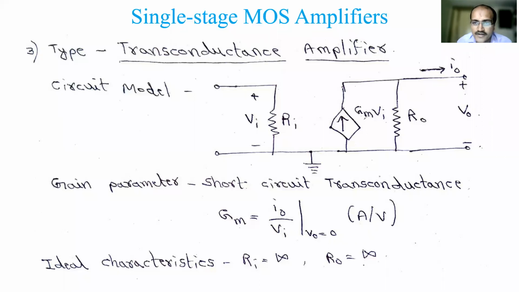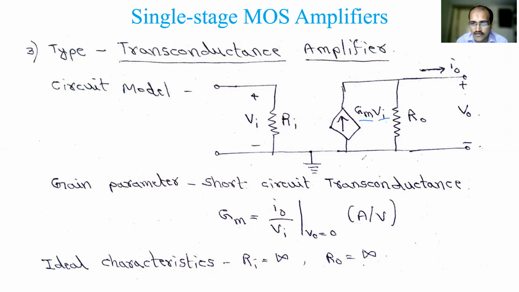So we learned four different types of dependent sources. In this one it will come as voltage because it depends on input voltage Vi. So voltage controlled current source, and its ratio will normally be I0 by Vi. That's why it is trans conductance, denoted as GM. That is the short circuit trans conductance. Why is it called short circuit?